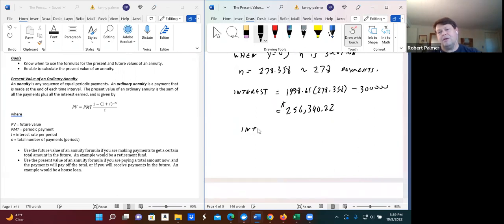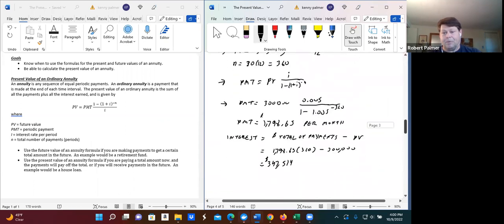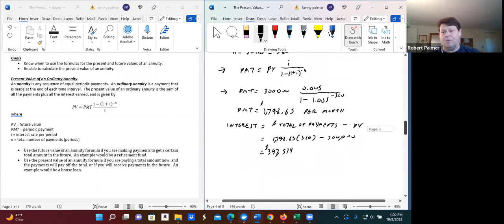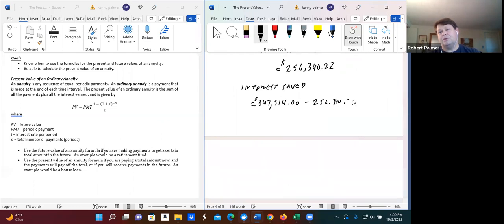Now the interest saved is going to be the previous interest, 347,514, minus this, 256,340.22.